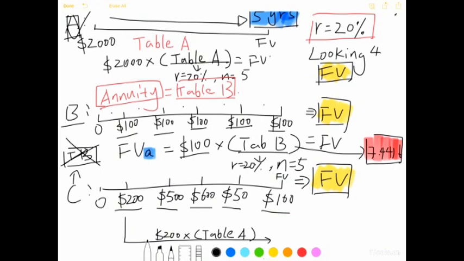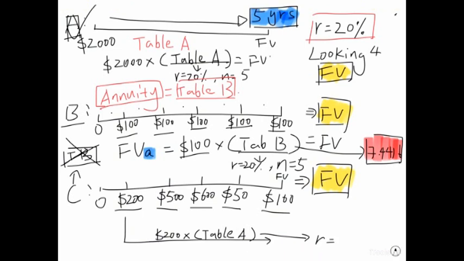It's not going to change, and then your periods. So R is 20%, and your periods is 1, 2, 3, 4. Will be 4 periods, right? So that should be your future value for the first payment.